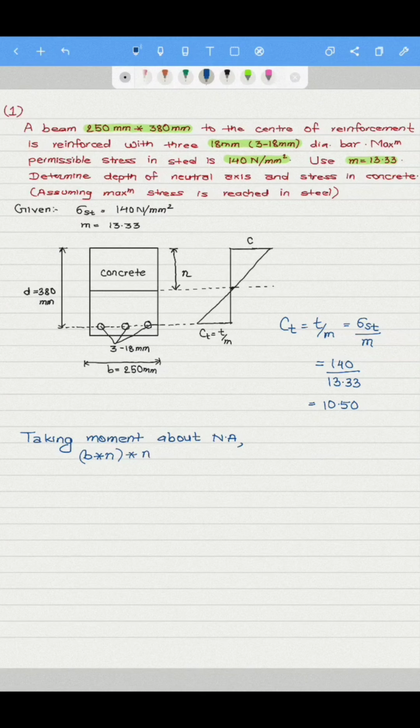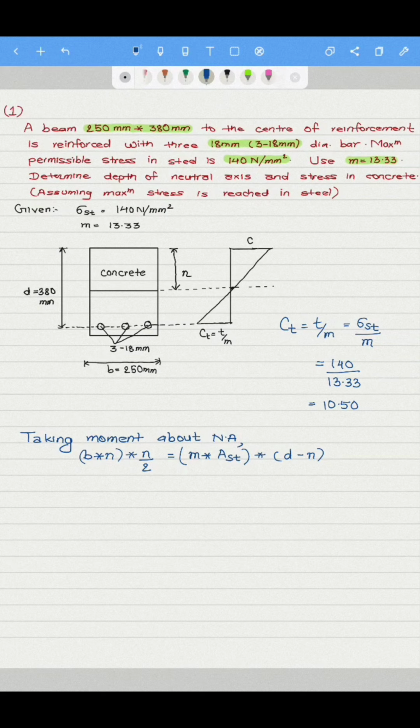That will be half of the depth of neutral axis, that is N by 2, equal to, now we are seeing this section, modular ratio into the area of steel. This is for the reinforcement section: M into Ast into effective depth minus the depth of neutral axis.